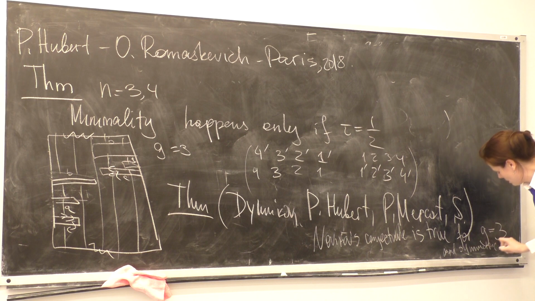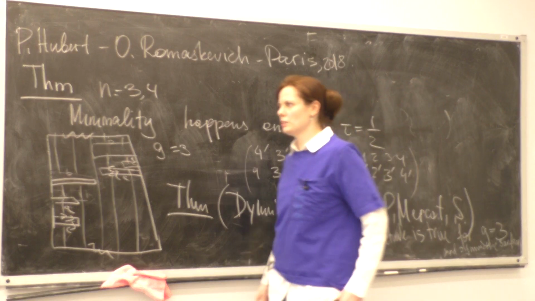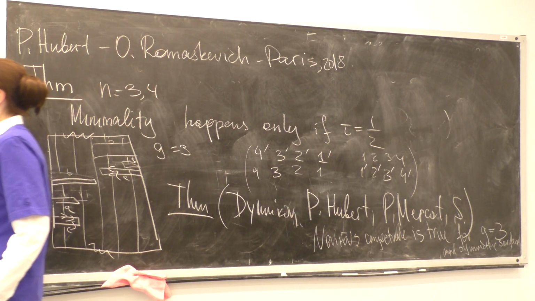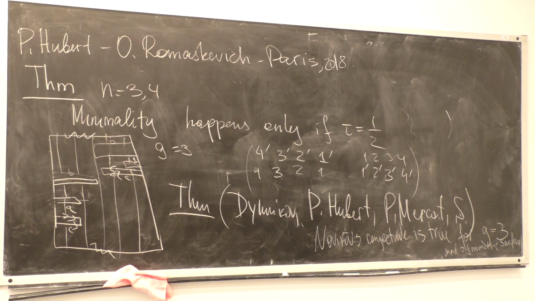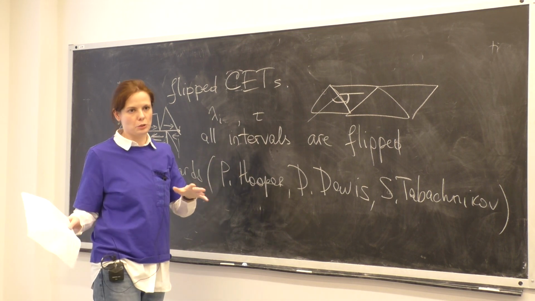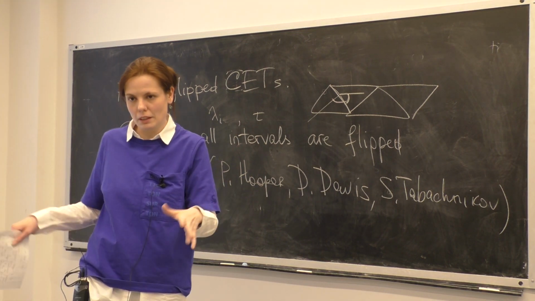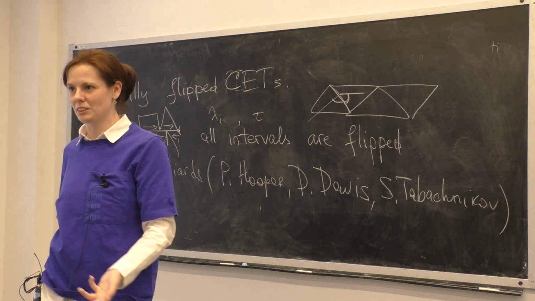So we use this duality to switch the question to the question about fully flipped circle exchange transformations, and now we have to ask ourselves, what can we do with them? The main difficulty comes from the following fact: if you live on the circle, it's much harder to apply any induction, because induction does something on the interval and typically not on the circle.